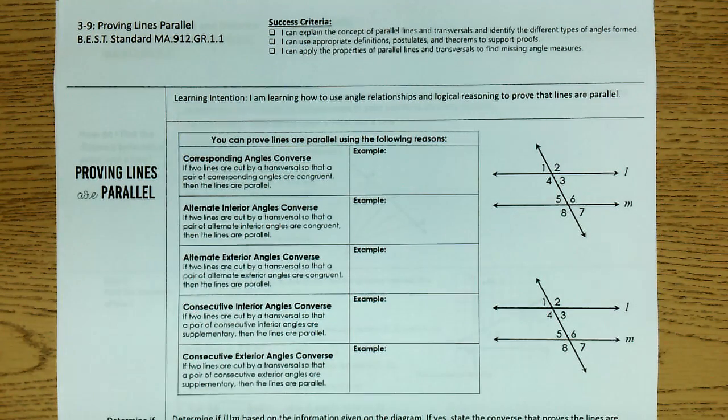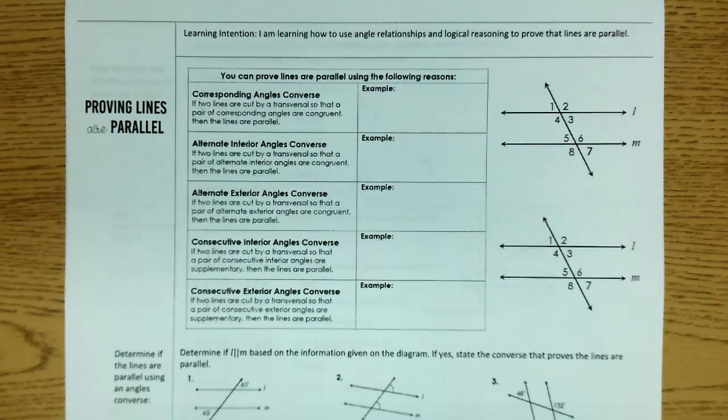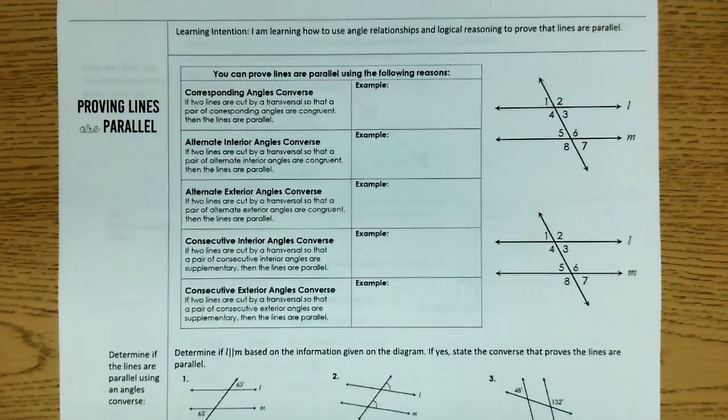So, let's take a look at this first little chart right here and kind of fill this in a little bit. For each of these, there could be 4 different examples. I'm just going to do one of them. We've done these. Hopefully we can get them done. All right? So, corresponding angles converse.